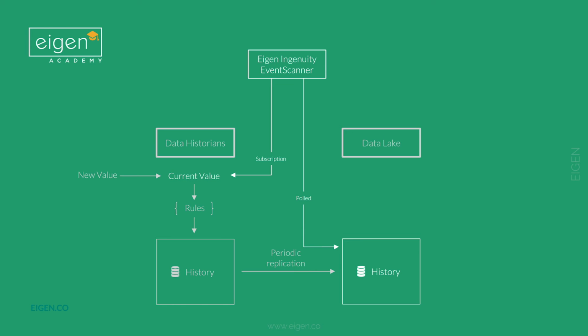For example, if the rules are configured to save a value every minute to the history, but an event happens within that minute such that the value goes high and back down again, when we make a subscription to the current value, we can spot that event. But if it's made against the history, so if it's a polled subscription against the history in a data lake, we would miss that event because it's just not available.